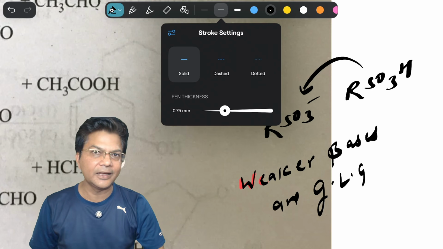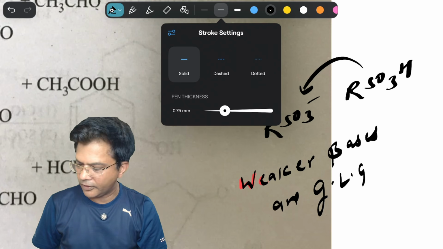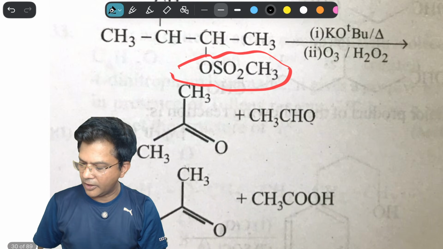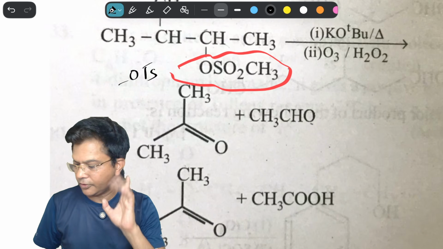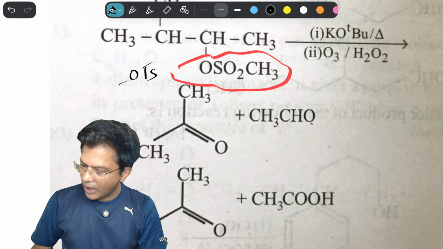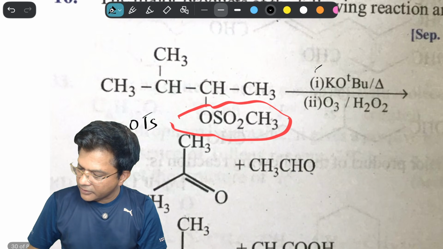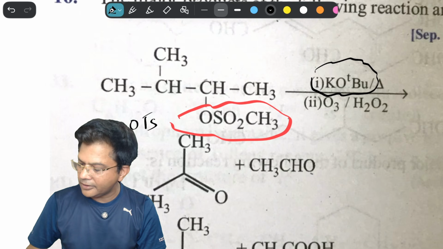Mesylate, tosylate, triflate, whenever sulfur OSO3H is there, or they could have written OTs, they all are good leaving groups, right?